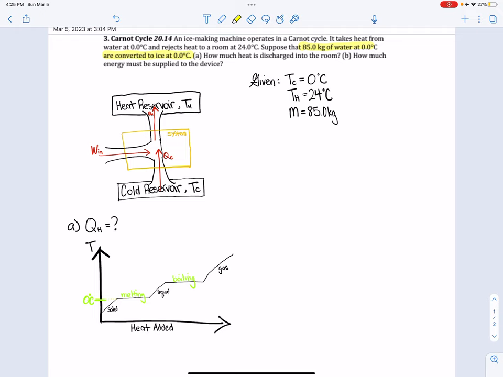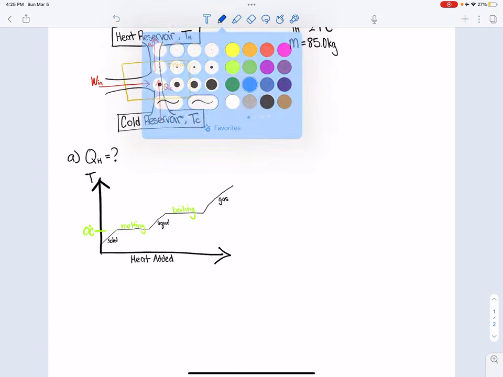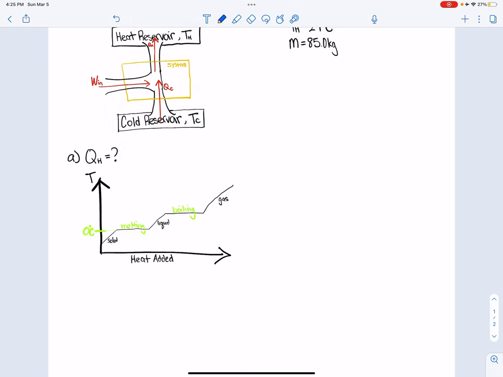Okay, so if you guys recall, in chapter 17, section 6, to calculate the heat transfer necessary, we're going to be dealing with two things. The first one is the heat transfer that is necessary to change temperature within the same phase.